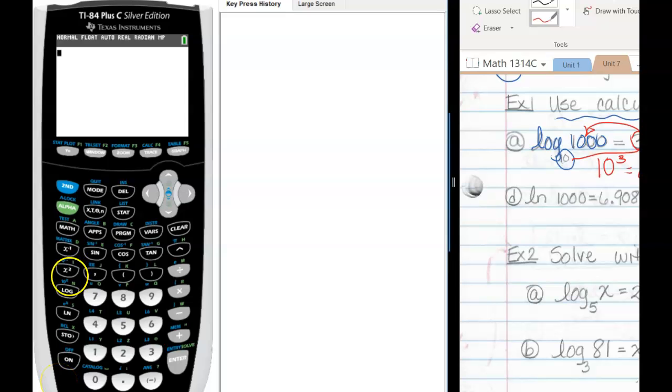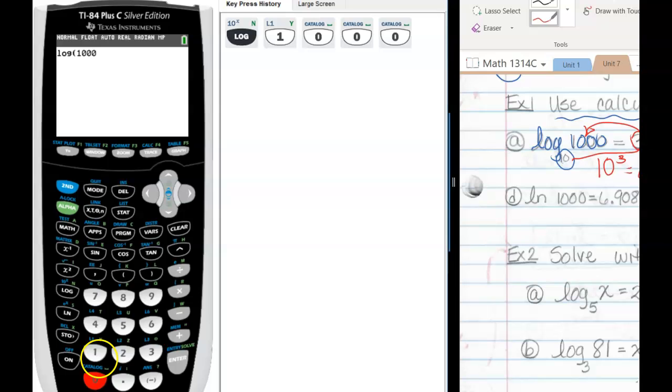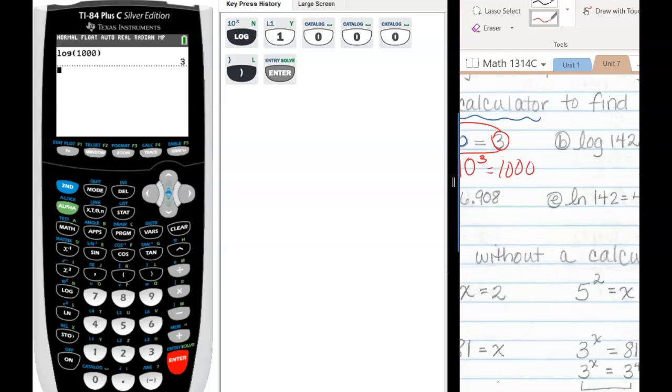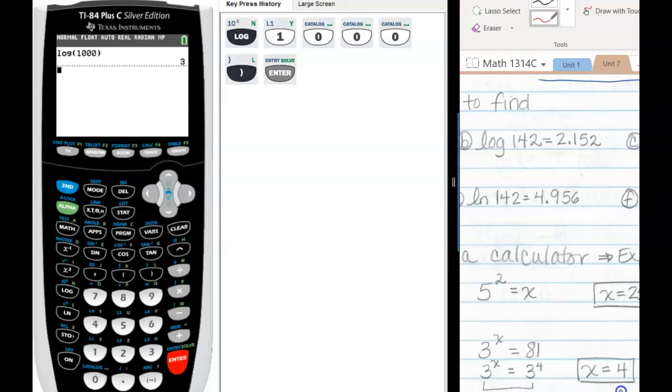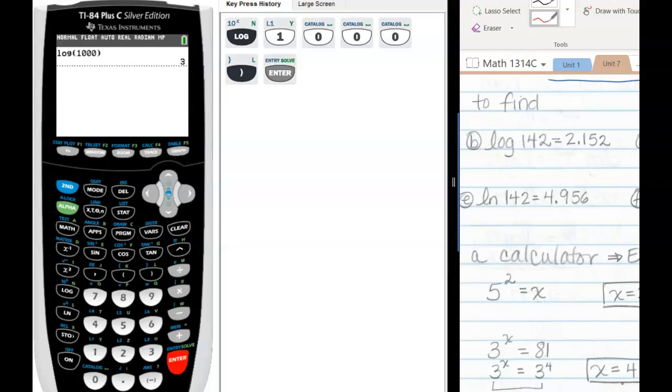For our problem, we will hit the log button, and then we will hit 1,000. It's a good habit to close your parentheses so we know we're taking a log of 1,000. When we push enter, we will see our answer of 3. If we go to part B, it says for us to find the log.